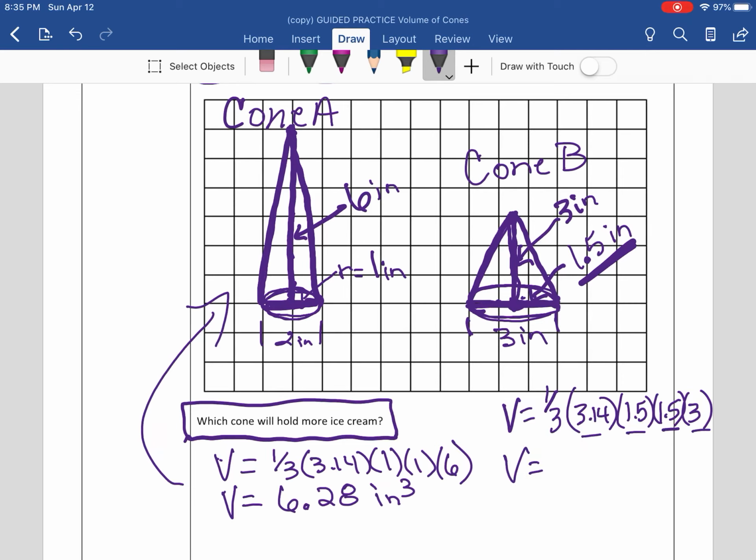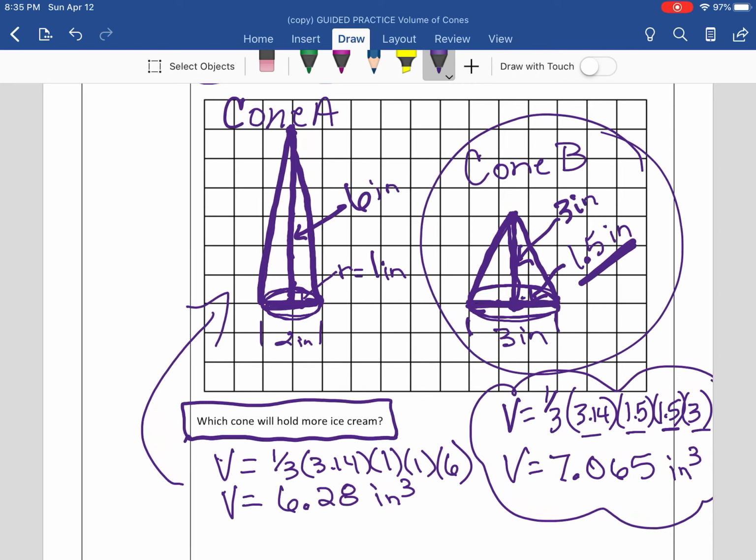Multiply that all out on your calculator. If you were to multiply these, you would get 21.195, and then you divide that by 3, you would end up with 7.065 inches cubed. So the bigger one that would hold more ice cream would be cone B.